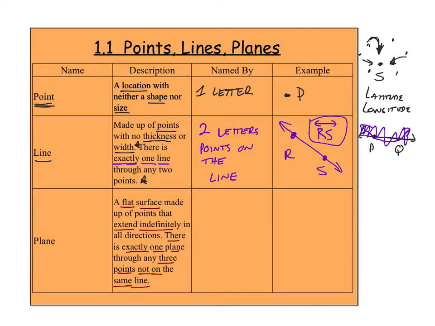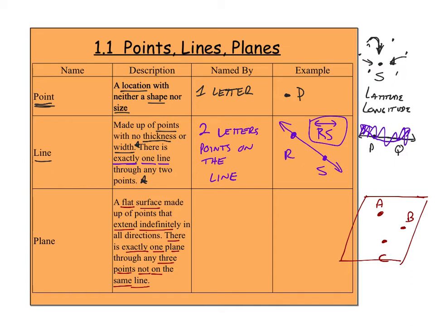I have 3 points, A, B, C. Again, these are arbitrary points in space. Those 3 are not on the same line. You cannot draw one line between these 3 points, but through these 3 points, there is exactly one plane.